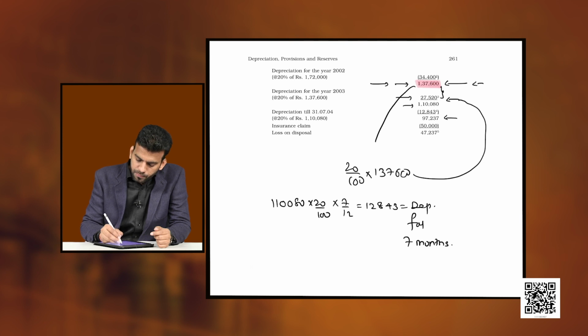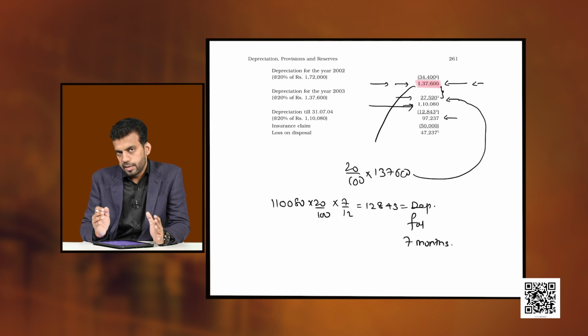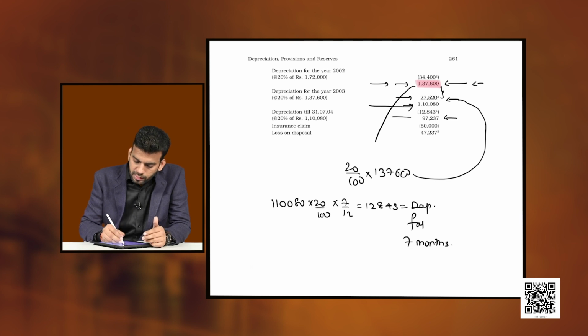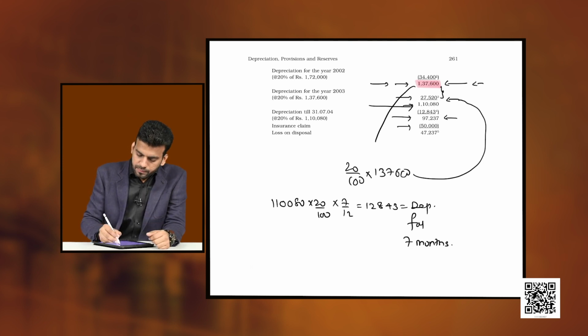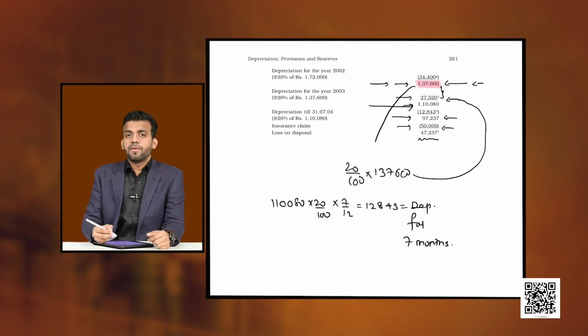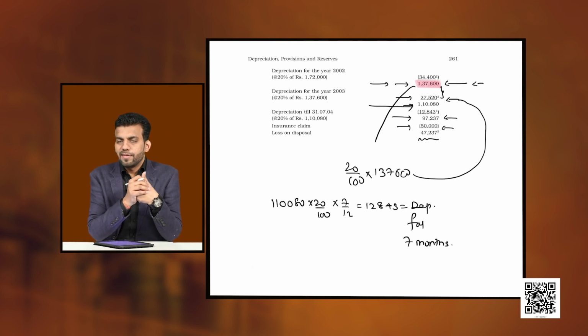The reduced value at the end of the third year was 1,10,080 rupees. Then 12,843 rupees depreciation is charged for the 7 months. Now the reduced value is 97,237, and you sold it for 50,000, and the remaining figure of 47,237 is your loss.